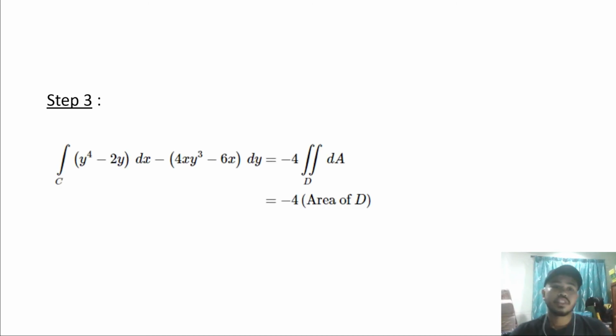The integral over c of y to the power of 4 minus 2y dx minus 4xy cubed minus 6x dy equals minus 4 times the double integral over D dA, which is minus 4 times the area of D, which is 6 times 4. We will get minus 96. Don't forget the fact that the double integral over D dA equals the area of D.